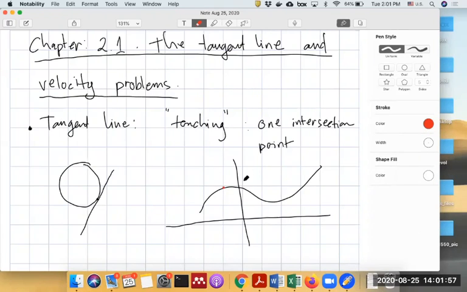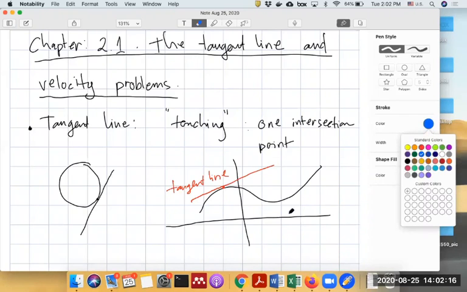At this point, the tangent line cuts the graph at only one point. Therefore, the tangent line should be like this, okay? How about this one?